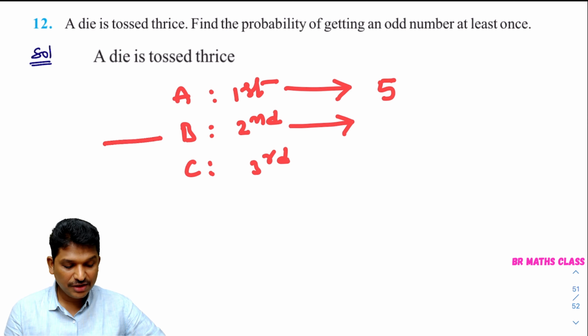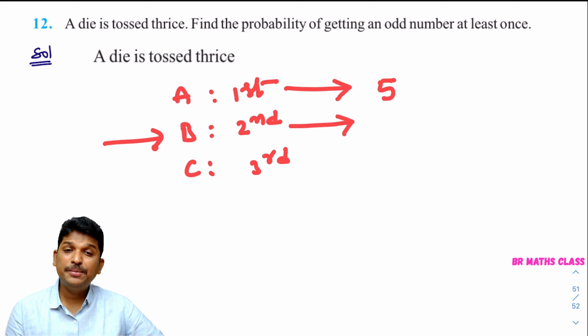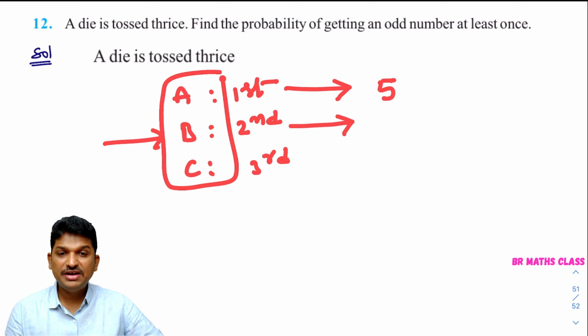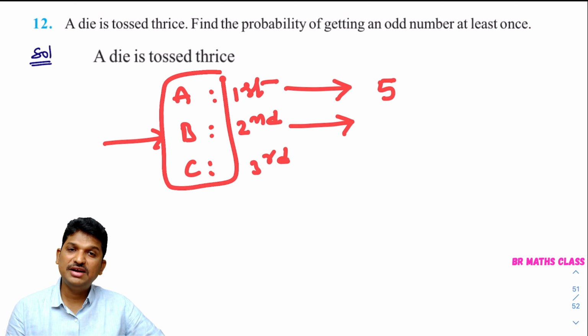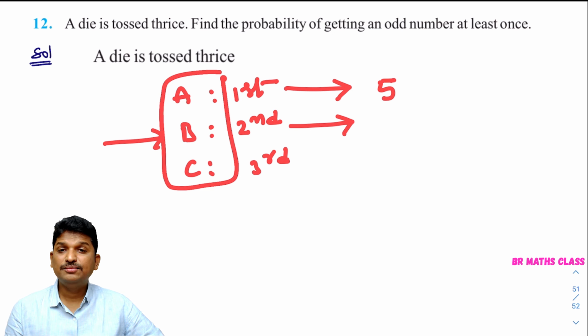The happening of event B is not dependent on A. I hope you are understanding. These three events A, B, C are independent events: tossing a die the first time, the second time, the third time. Keep these points in your mind.